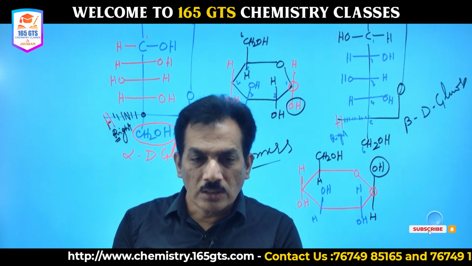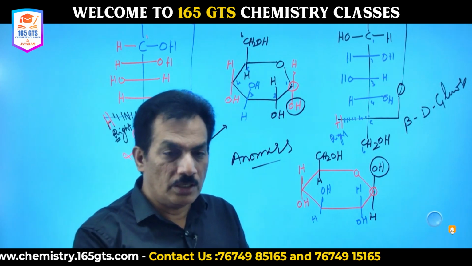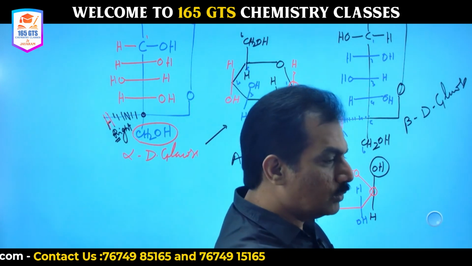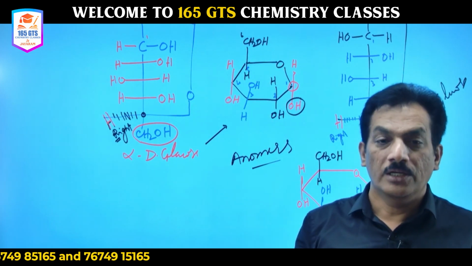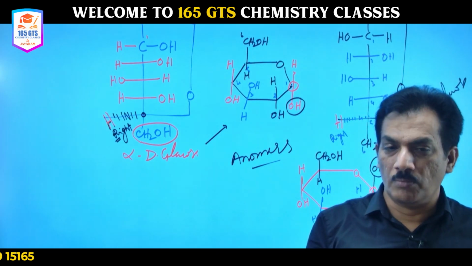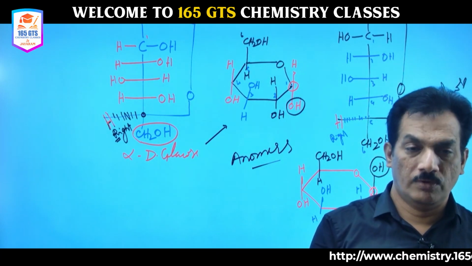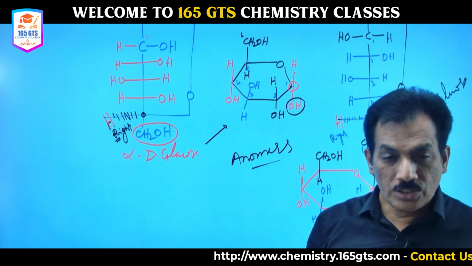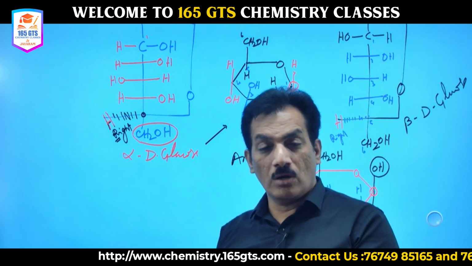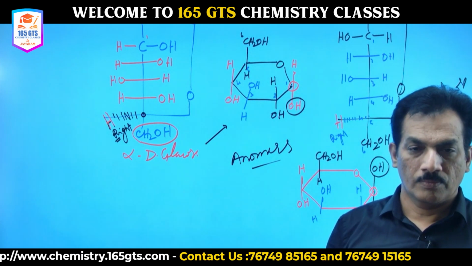When we searched for this, it was observed that glucose, and not only glucose, any carbohydrate, does not exist only in a single form, and it does not even exist in open chain form. It exists in cyclic hemiacetal or hemiketal forms.